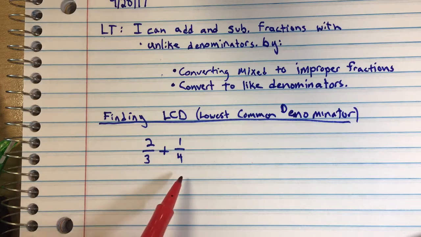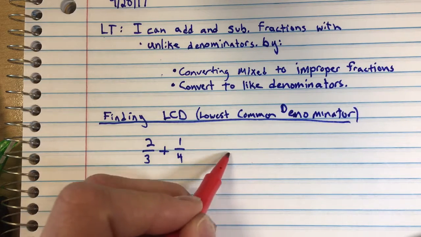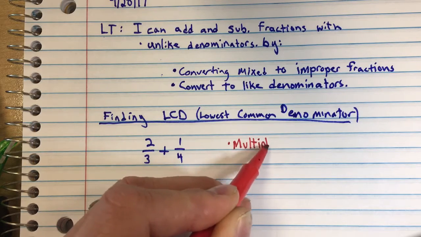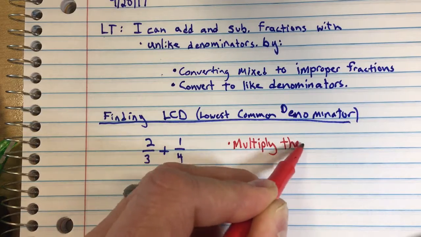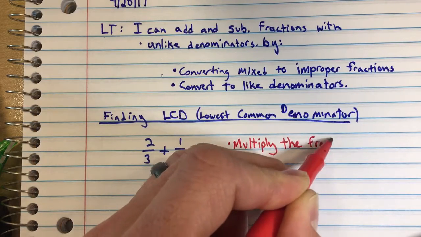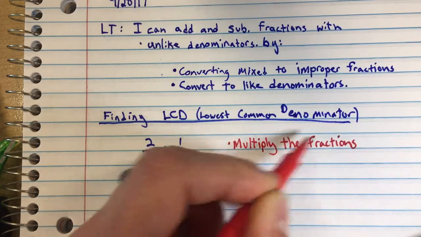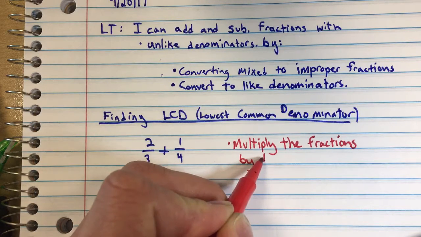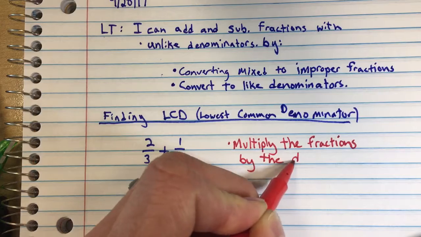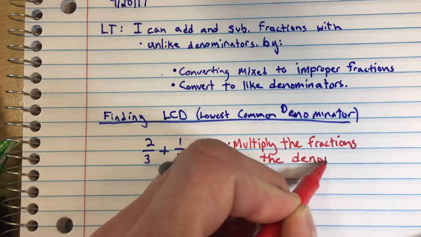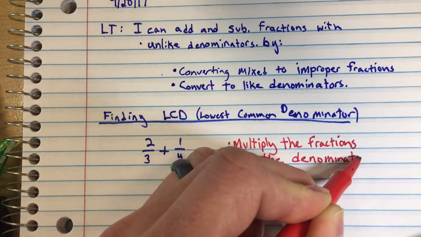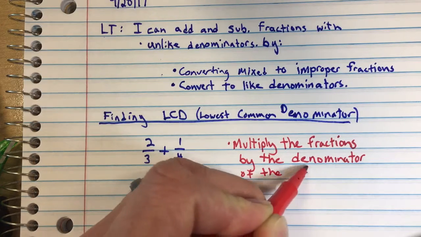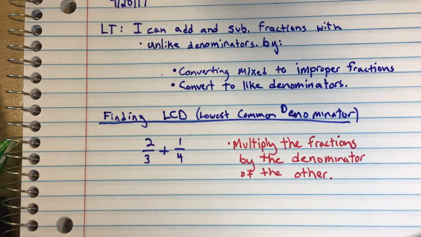Well, the easiest way to find a common denominator is to multiply the fractions by the denominator of the other. Now, that sounds kind of weird.